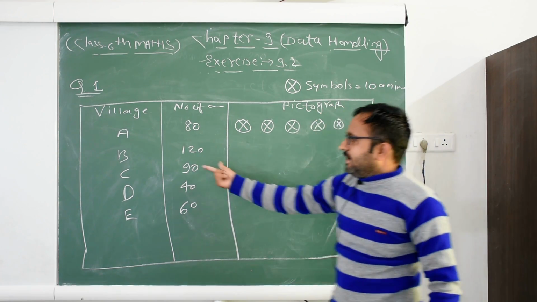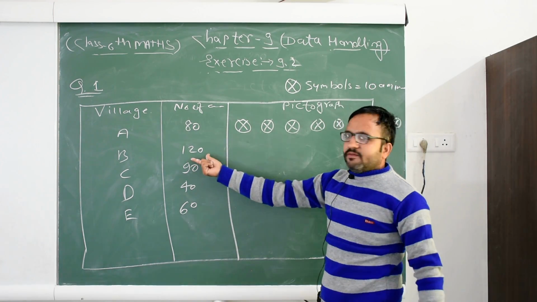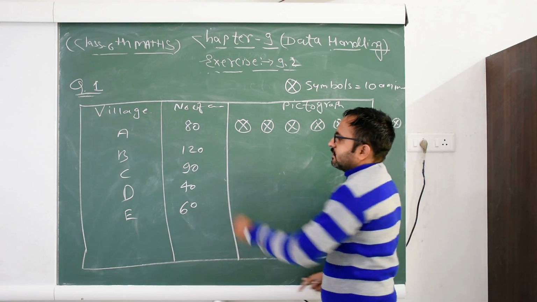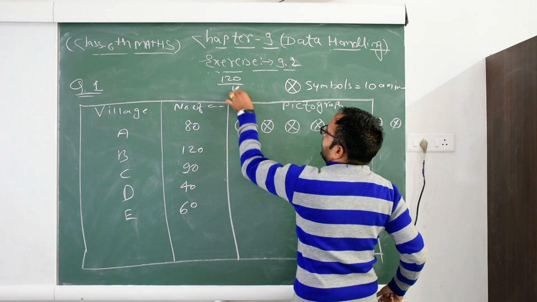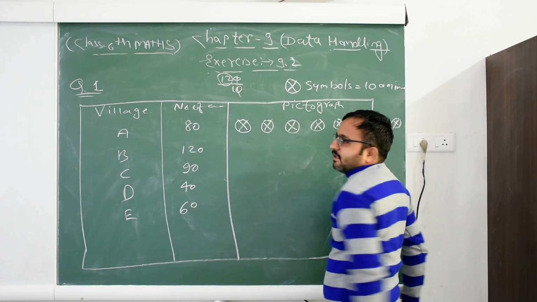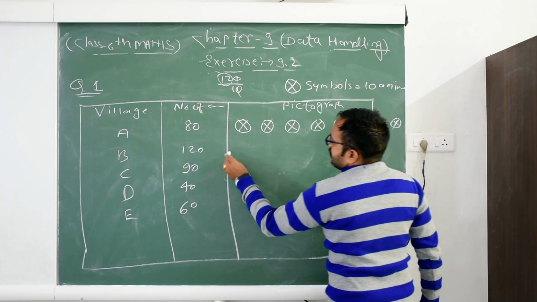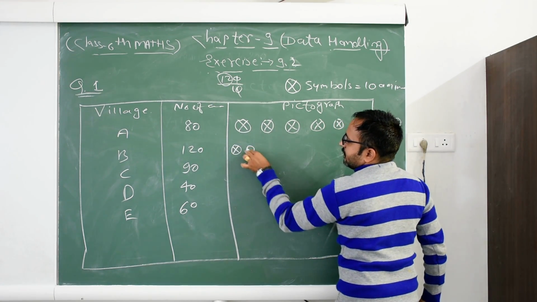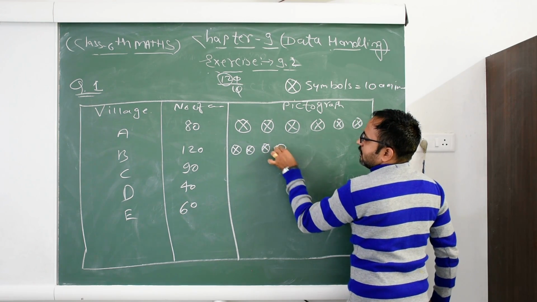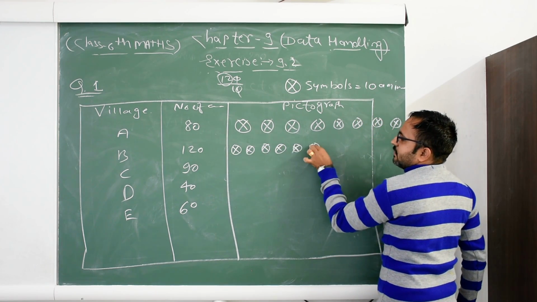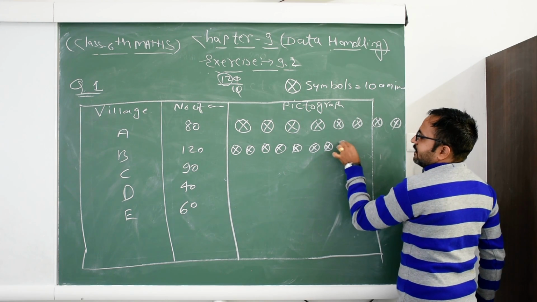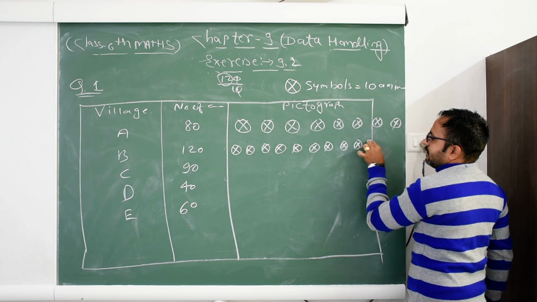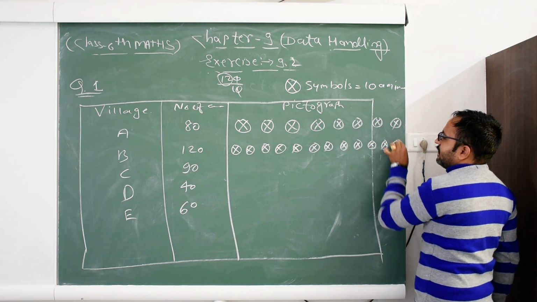Now 120. How many symbols do we use? 120 divided by 10, only 12 symbols. 1, 2, 3, 4, 5, 6, 7, 8, 9, 10, 11 and 12.